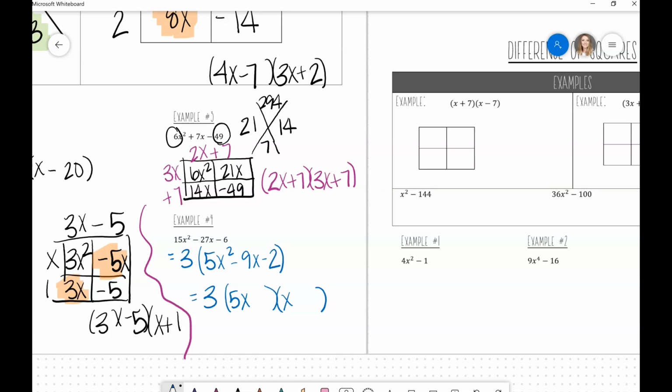But if I want to get to 9x's, I want to put the 2 here, so I have 5x times 2 to get 10x. And then the 1 will be placed there, so I could make the 10 negative and the 1 positive to get to the 9x. Keep in mind, even though you factored out the 3, it does have to stay there.